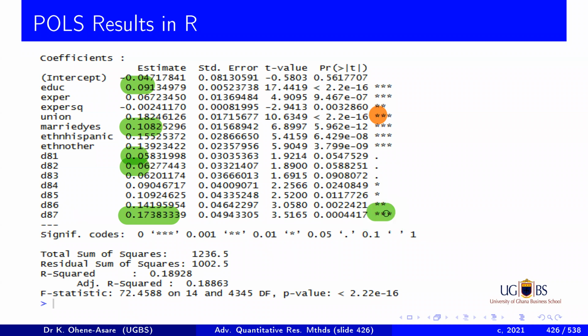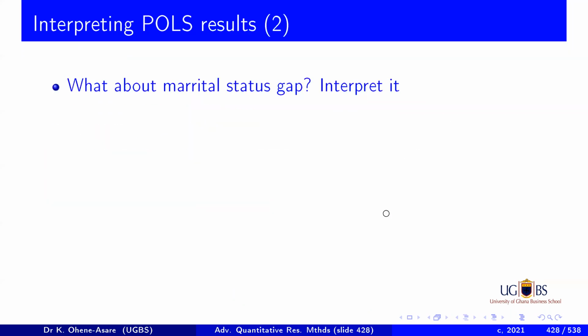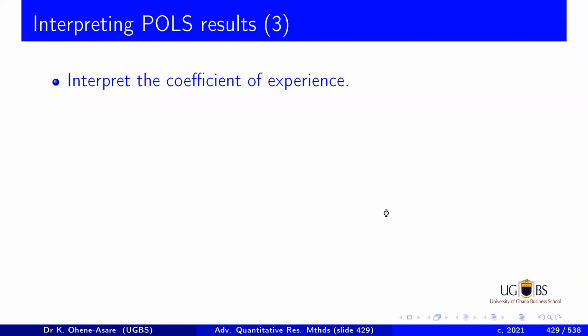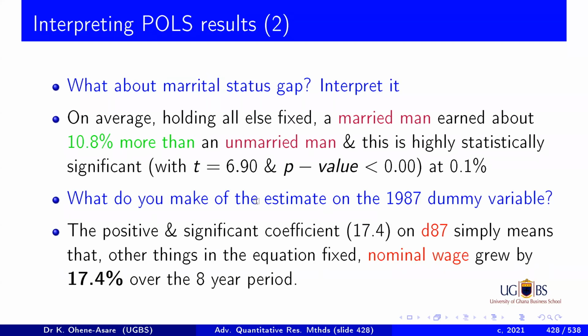So when you include the time dummies here, what it does is that it helps to absorb this whole potential of time heterogeneity. So this was the interpretation. The value was positive and significant, which shows that, all factors constant, nominal wages have gone up by 17.4% over the 8-year period.